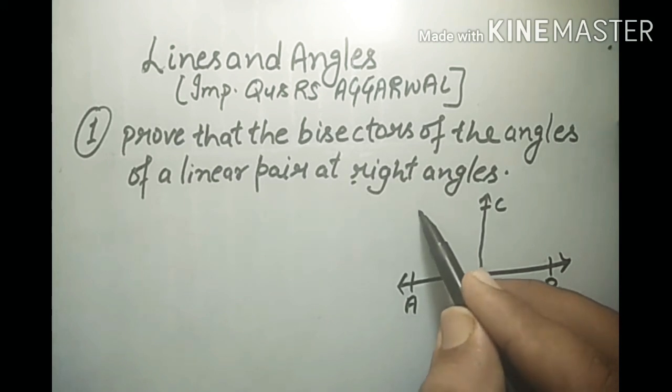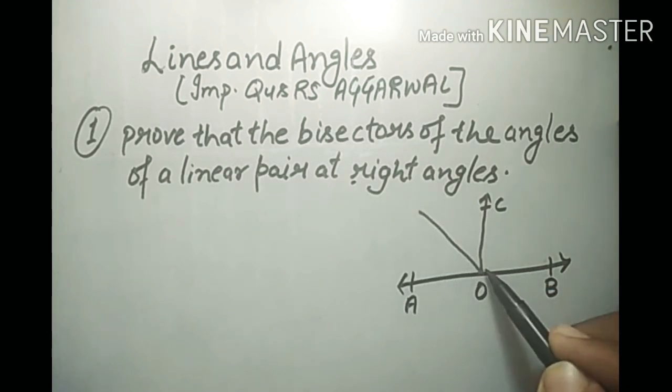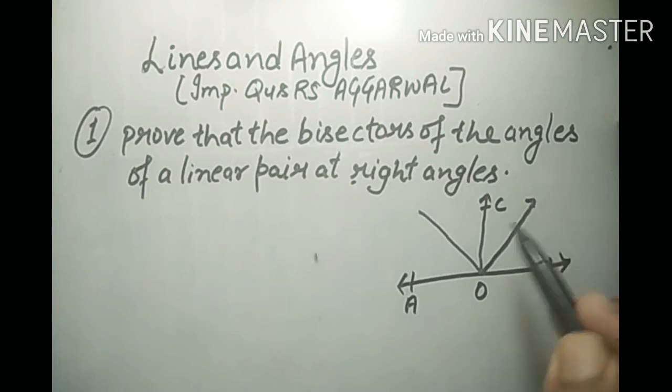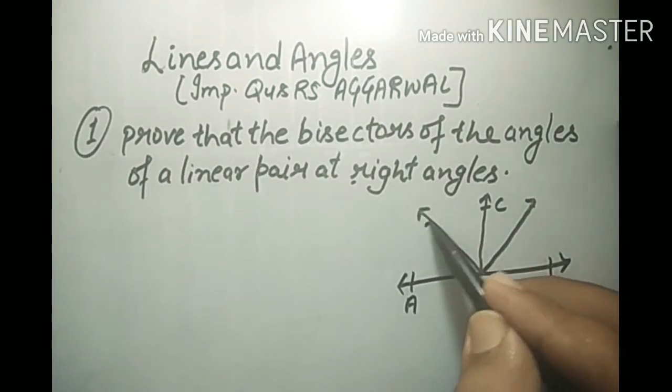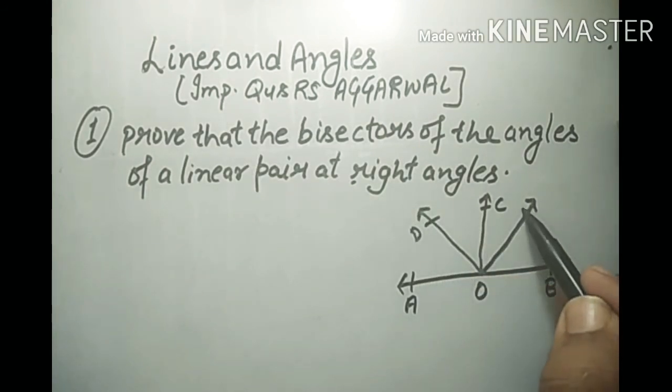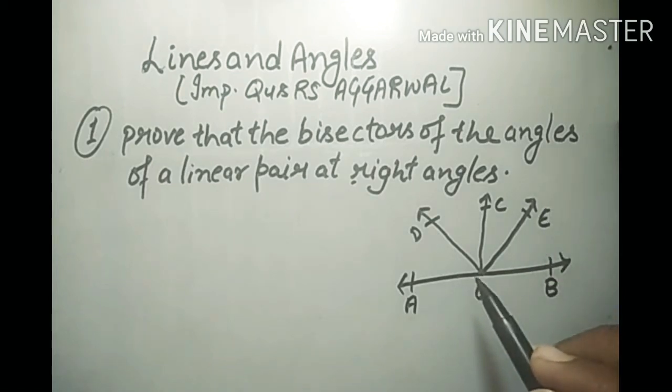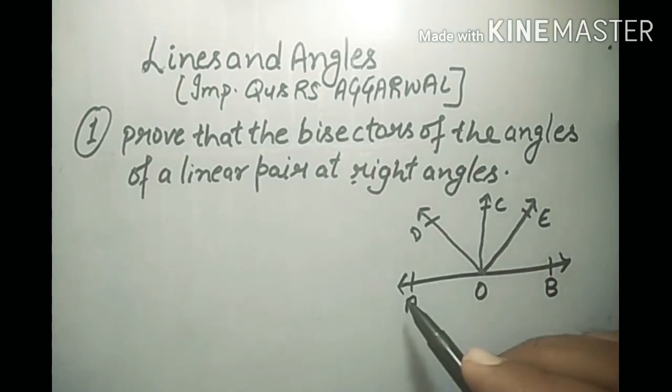and OD and OE are the bisectors of the angles AOC and BOC respectively.